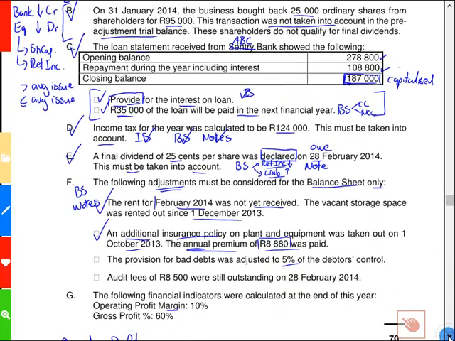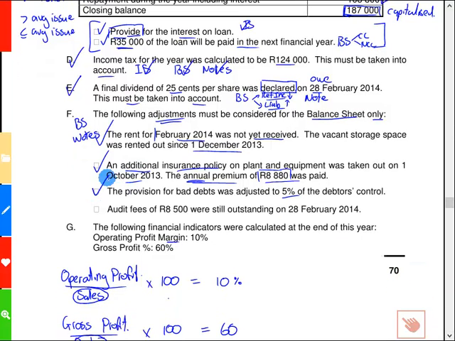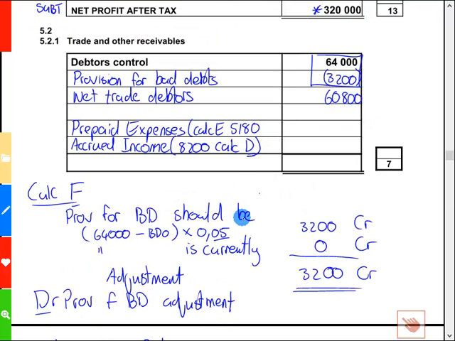We've handled the provision for bad debts. Last one here, audit fees of 8,500 was still outstanding on 28th February. So what is audit fees? It's an expense. Have we paid it? What do we need to do with that expense? We owe that expense, so that means we don't have that expense in our records.